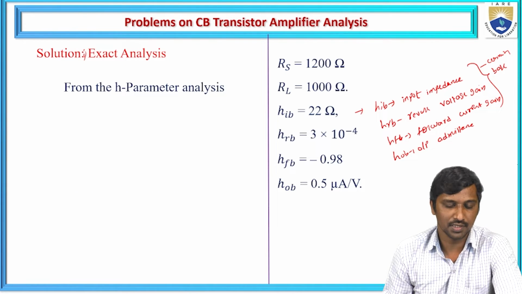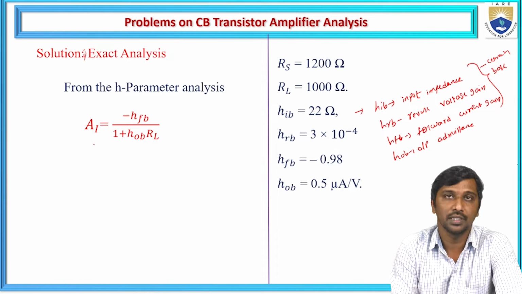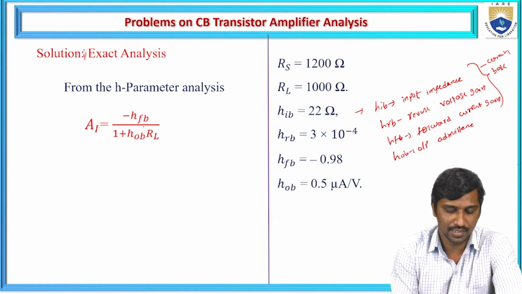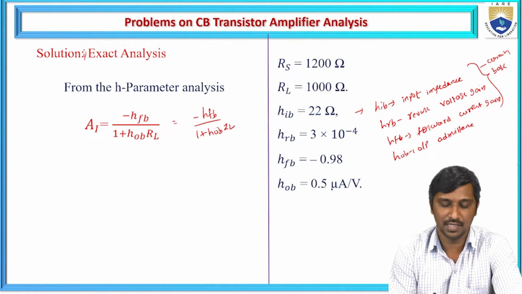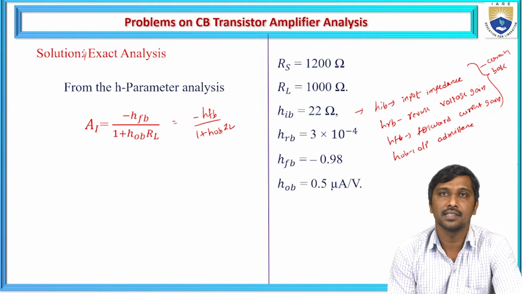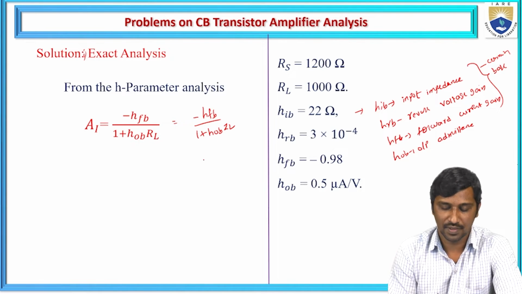For this case, from the H parameter analysis, we know the current gain, represented as AI, is minus HFB divided by 1 plus HOB times RL. Or you can also write it as minus HFB divided by 1 plus HOB times ZL, either the load resistance RL or the load impedance ZL.